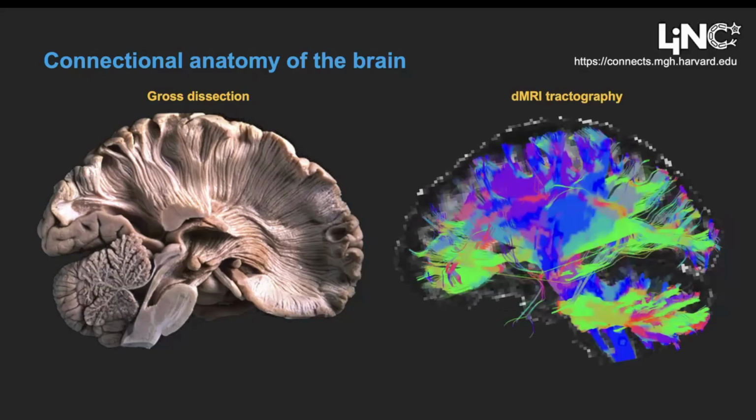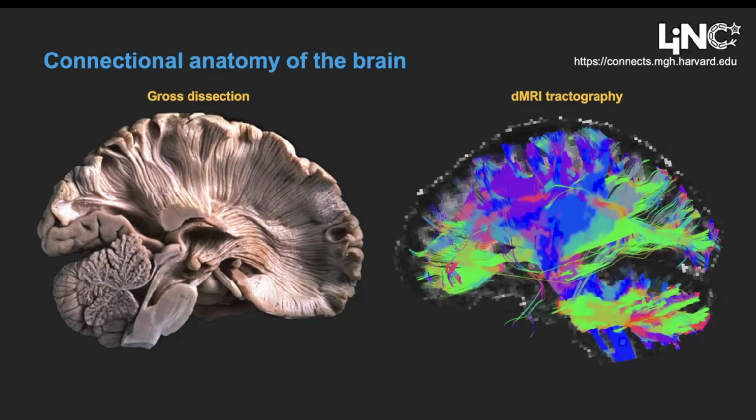In parallel with these classical techniques, which are actually most of what a neurosurgeon would use when they are about to cut open your brain and need to know what to cut or not to cut, depending on what's connected to what, over the last few decades we've had the introduction of diffusion MRI tractography.